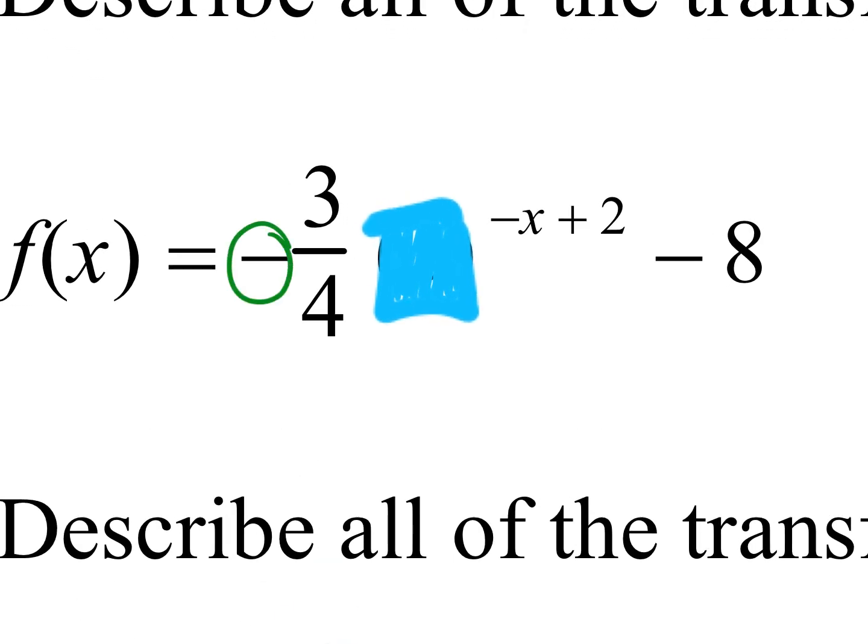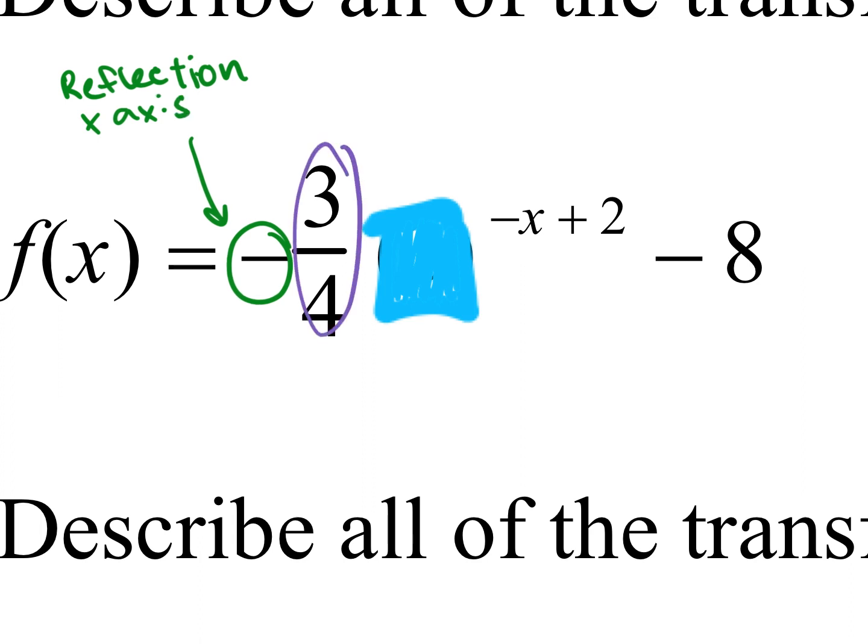So when we multiply a negative on the outside, what does that do to our graph? Reflection on the x-axis. What about multiplying it by 3/4 on the outside? It would be a vertical shrink. Outside is vertical.